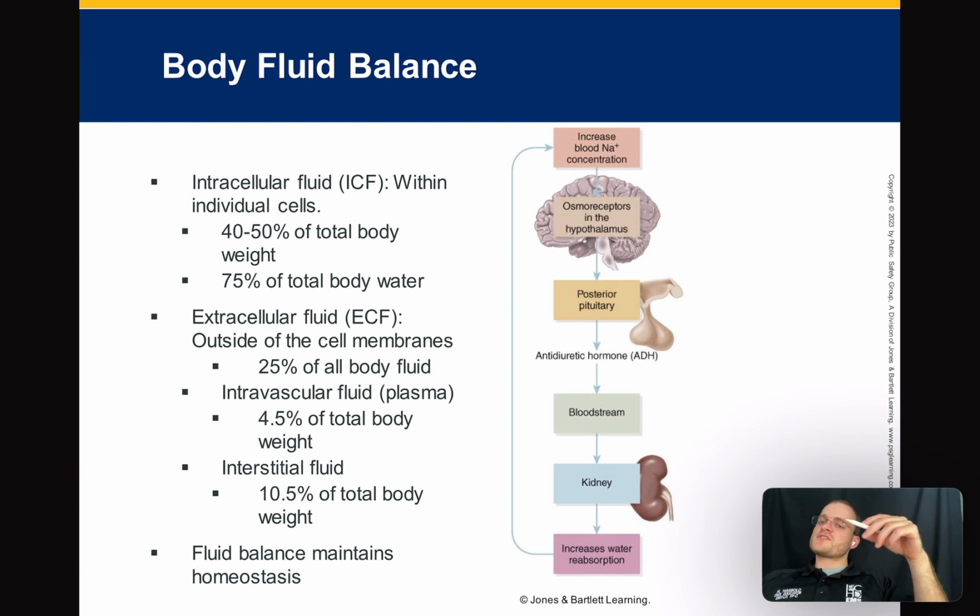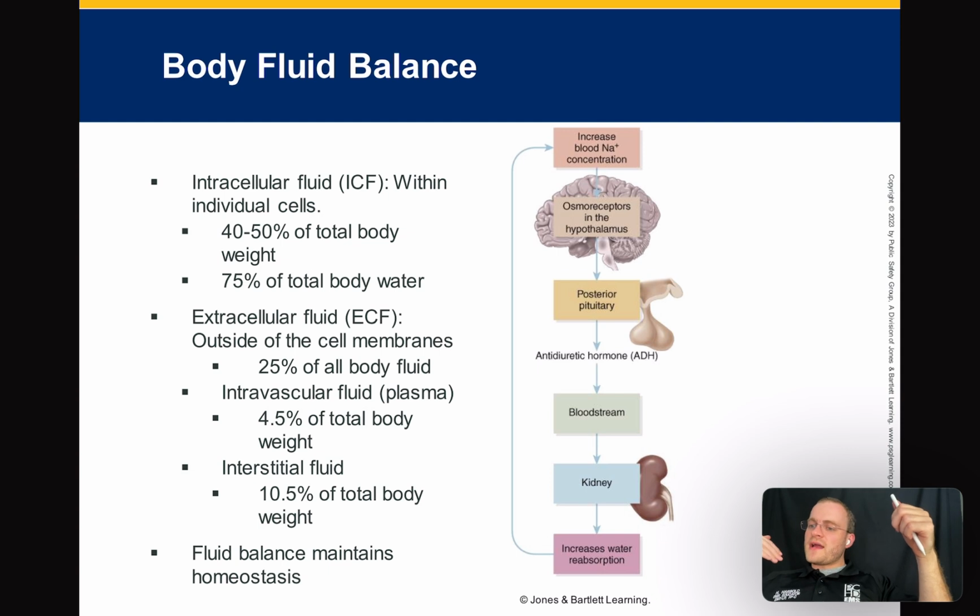So intracellular fluid. Let's break down what that means. Intra means within. So the fluid within the cell is around 40 to 50% of your total body weight. So like I'm 170 pounds, shout out to me. If you divide my weight in two, that's like 85 pounds.